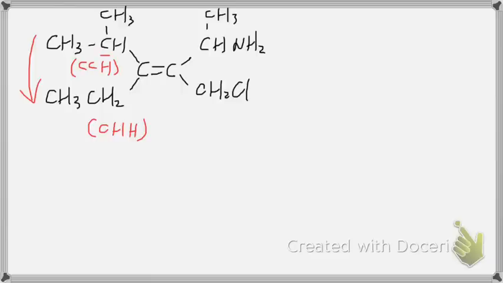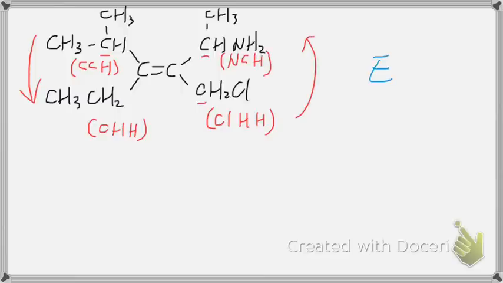On the right-hand side, there are 2 carbons attached to the double-bonded carbon. On the bottom, we have Cl, chlorine, HH. And on the top, it's NCH. Okay, so we have N compared to Cl. Cl is higher, nitrogen is lower. The arrows are going in the opposite direction. The double bond is in the E configuration.